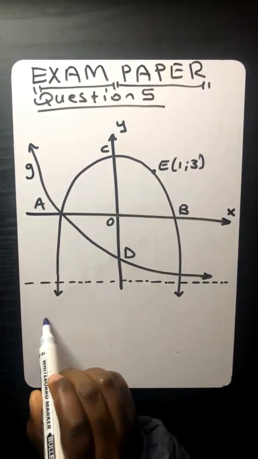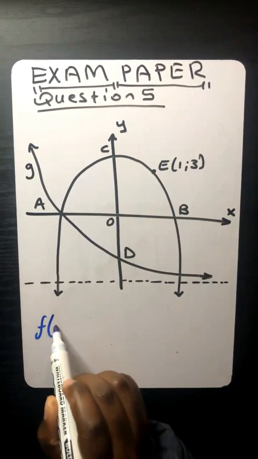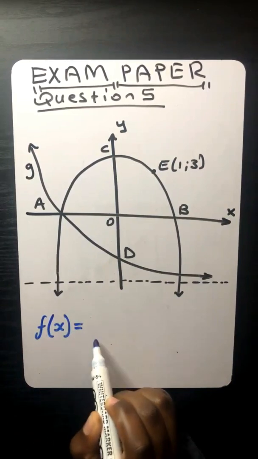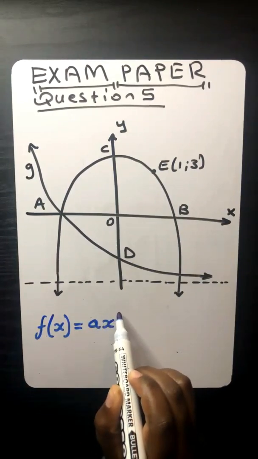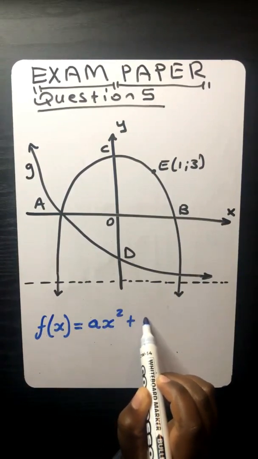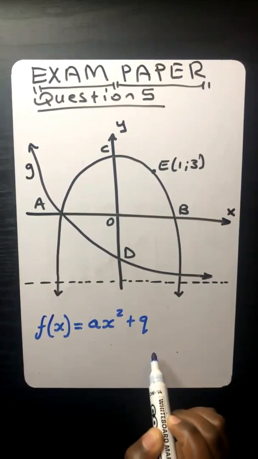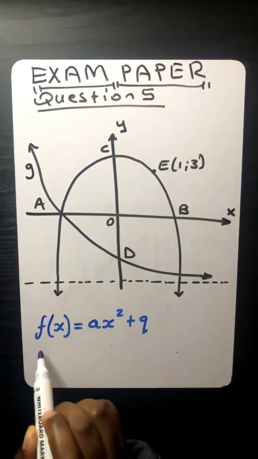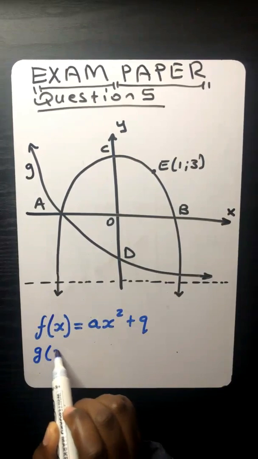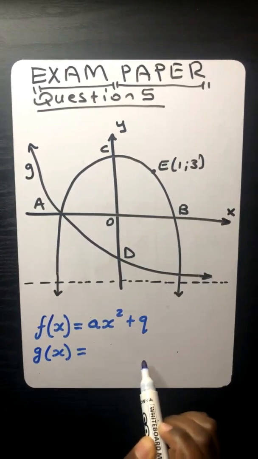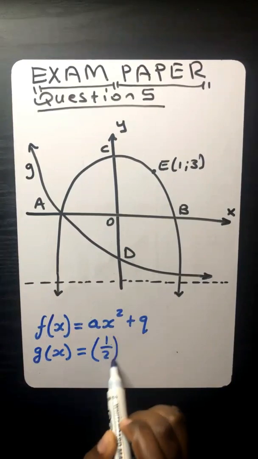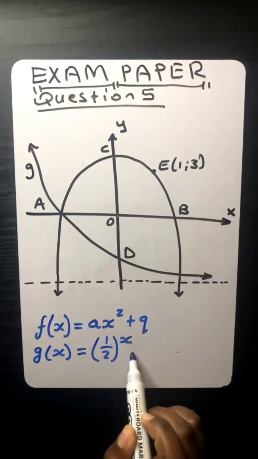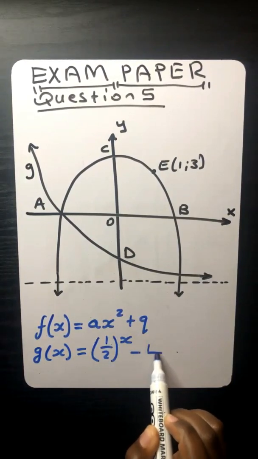This is f(x) equals ax² + q. Then there we've got g(x) equals (1/2)^x − 4.